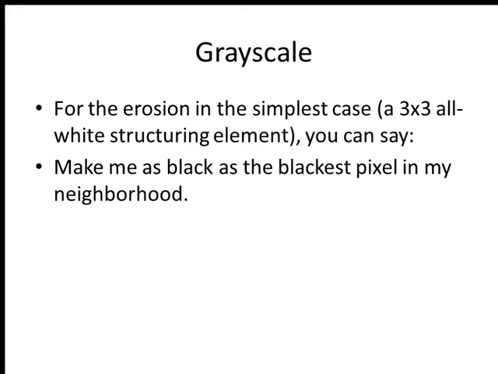So in the case of grayscale, for erosion, instead of saying if any of the elements are black, then the pixel will be black, you take the blackest element of the relevant values in the structuring element and change the pixel you're operating on to that value.